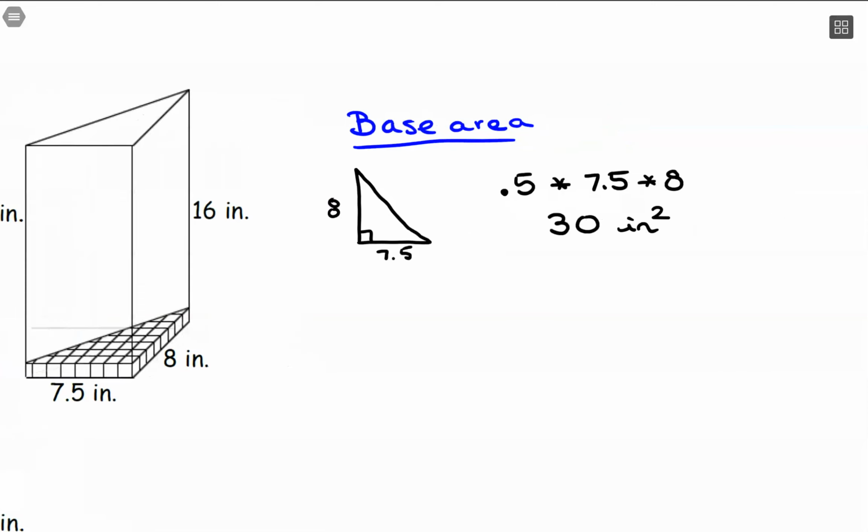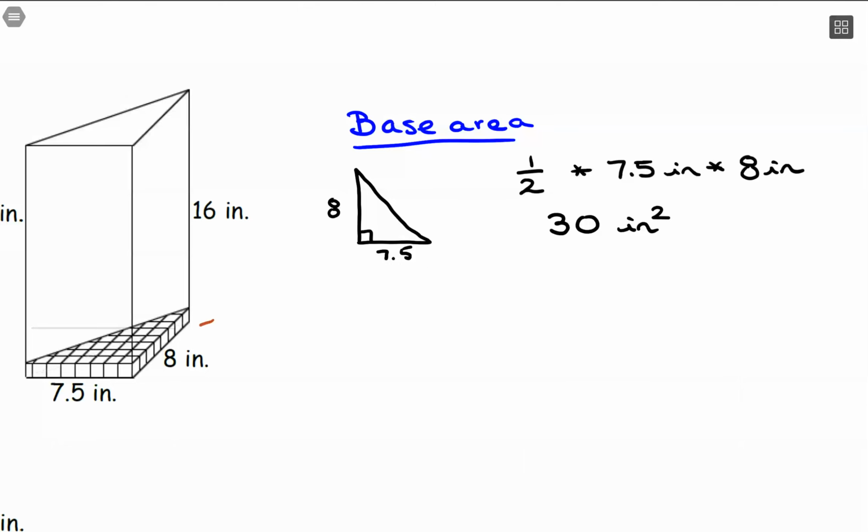And just to go through it like I did up above there, that 1/2 piece doesn't have any units. In fact, I'll write it as the fraction, that's just part of the formula. But the base of 7.5 has units of inches, and the 8 has units of inches. So numerically we take 1/2 times 7.5 times 8, which gives us the 30. And in terms of units, there's no units there, but inches times inches will give us the inches squared.